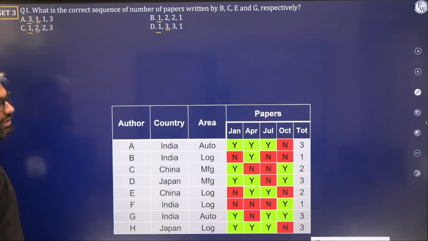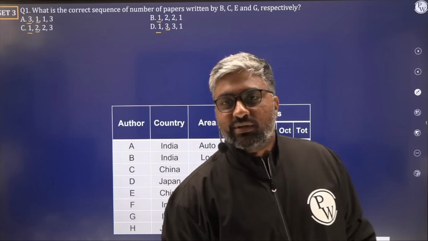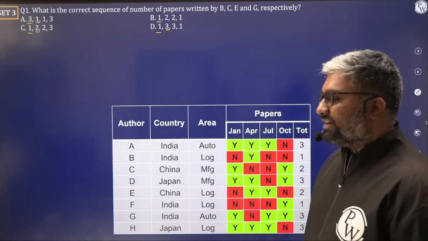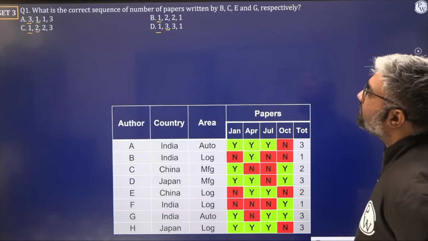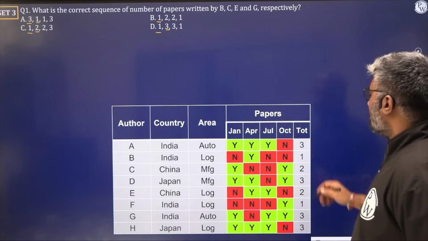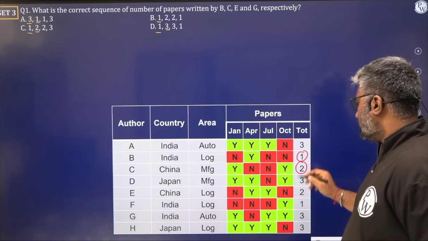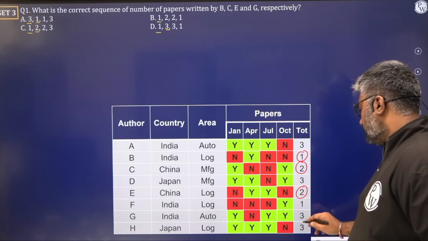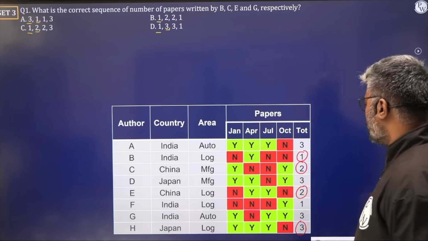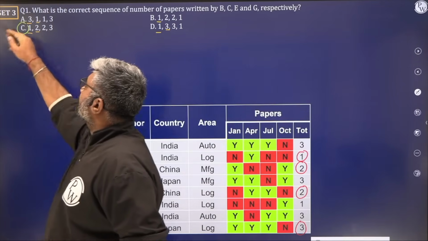So the options are smartly curated so that we can't extract any brownie from them. The only way to answer this is to get the definite answer. B, C, E, and G: B being 1, C being 2, so we have 1, 2, 2, 3. This is our answer. Option C.